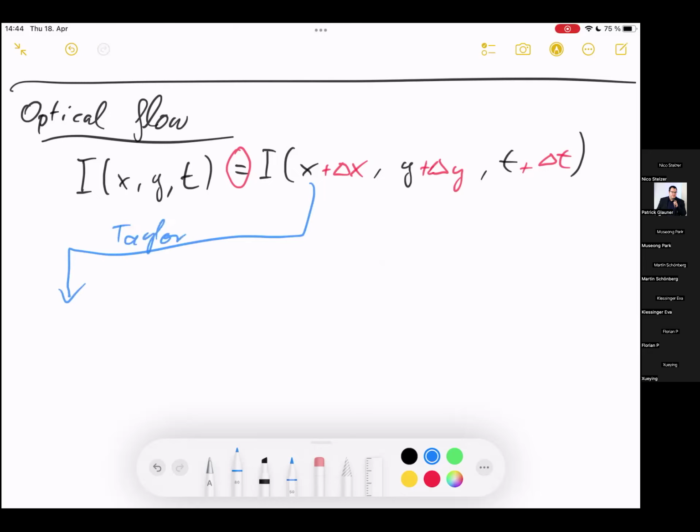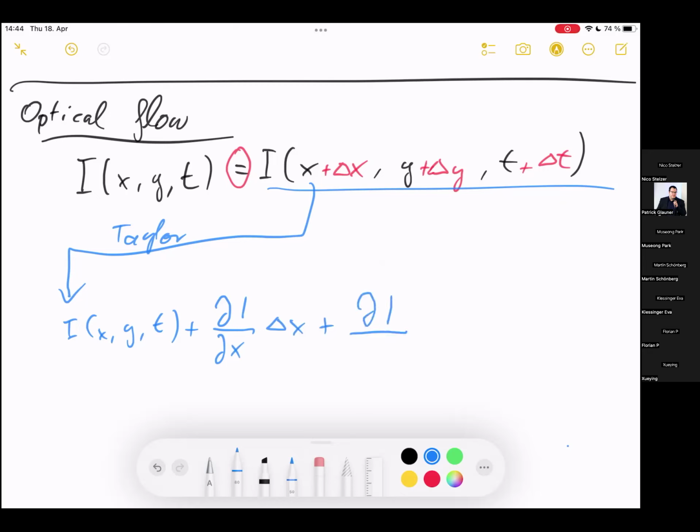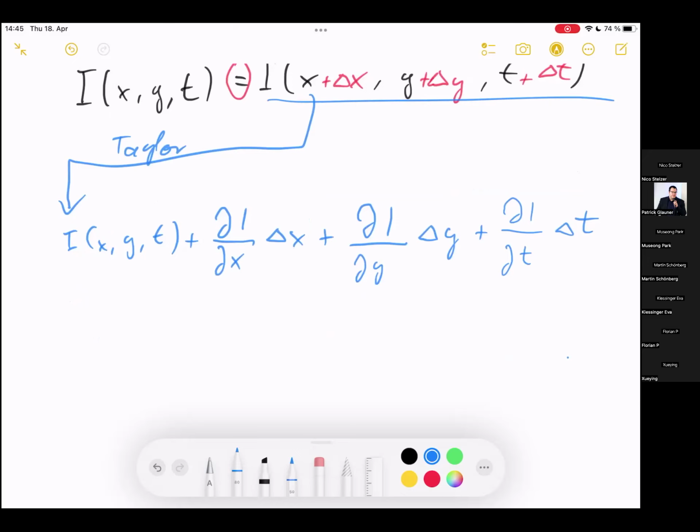Then we can describe this term as I of x, y, and t, plus the change of I along x times delta x, plus, these are partial derivatives, the change of I along y times delta y, plus the change of the intensity along t times delta t, plus obviously higher order terms.